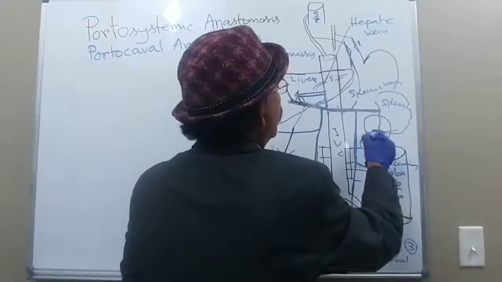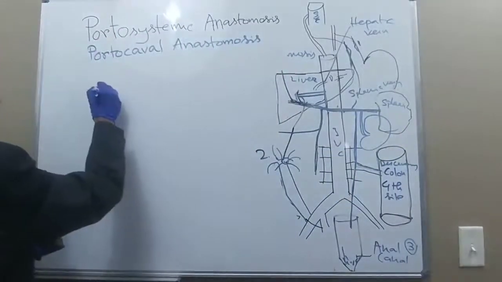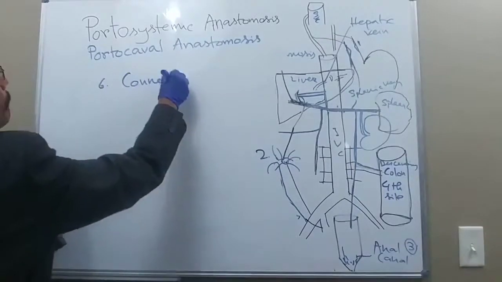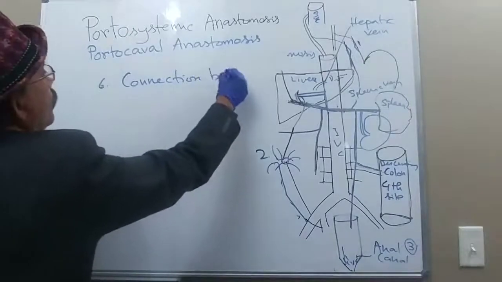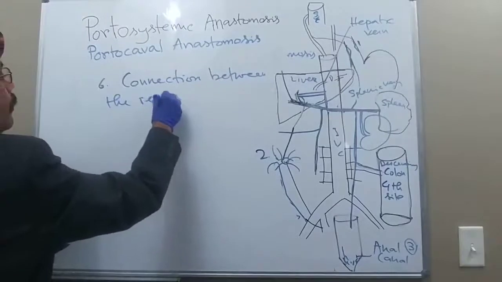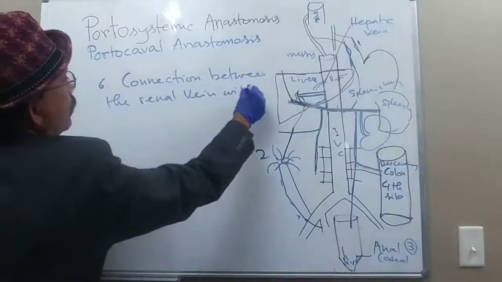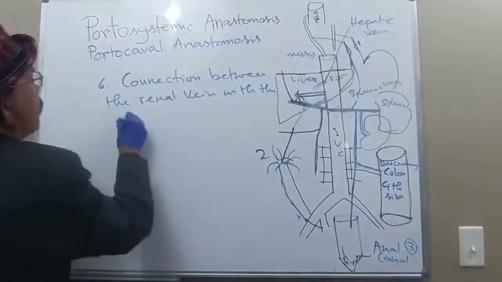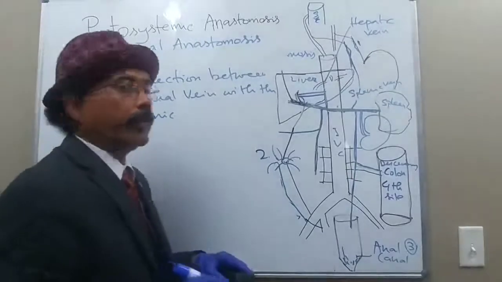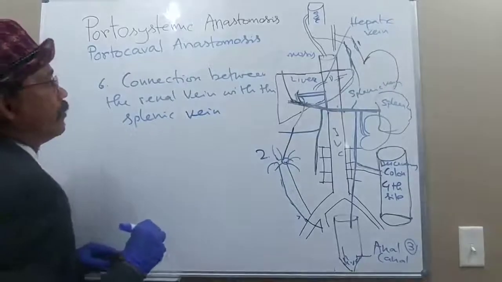So that may be the sixth one, the connection between the renal vein and the splenic vein. Sometimes it is done by the surgeon to manage a patient with severe portal hypertension. Okay, that may happen.